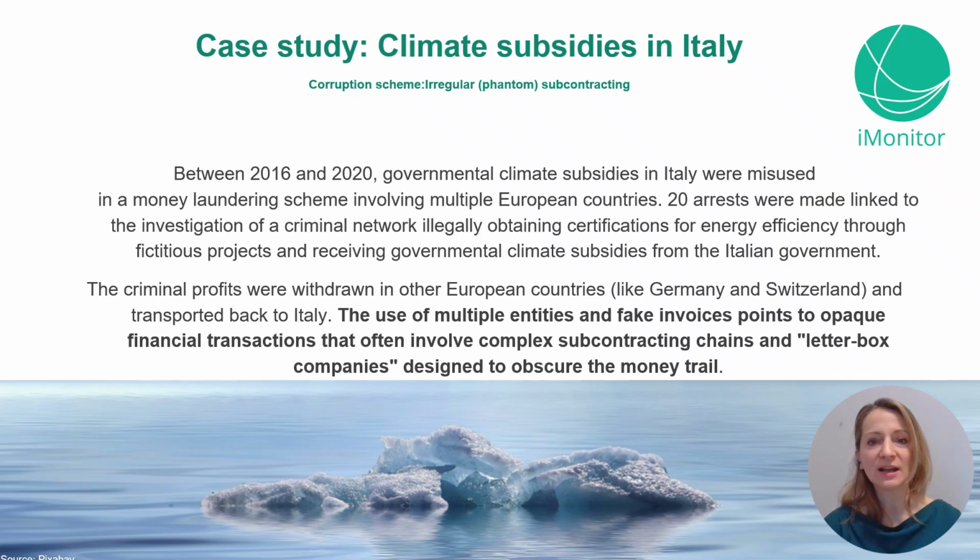By doing this, the group managed to tap into climate subsidies from the Italian government. Eventually, 20 people were arrested as part of the investigation. But the profits didn't stay in Italy. They were withdrawn in other European countries like Germany and Switzerland, and then funneled back to Italy.